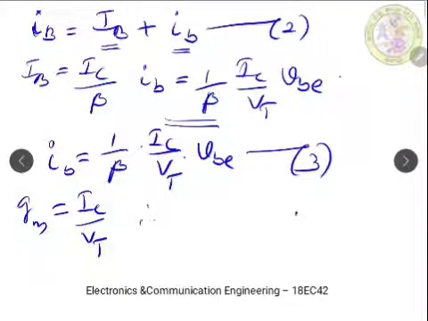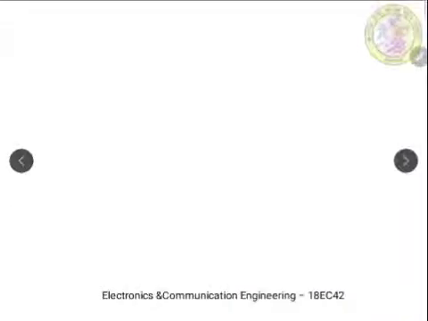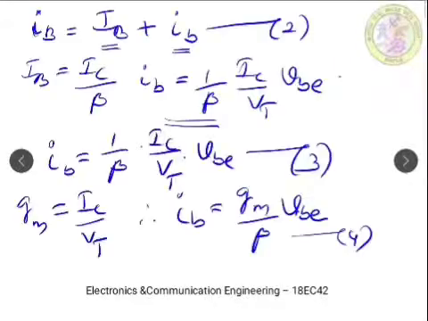By substituting gm, ib becomes equal to gm by beta into vBE. Let us take this as equation 4. We have arrived at the base current equation.